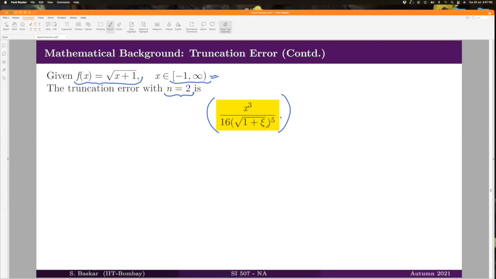Just we will consider this expression as a function of two variables. One is x, which is going to vary from minus 1 to infinity. And for the analysis purpose, we will also consider this entire expression as a function of xi also. In our Taylor theorem, it is fixed, but unfortunately it is unknown. So here we will assume that it is a variable, and thereby we will try to find a bound for that.